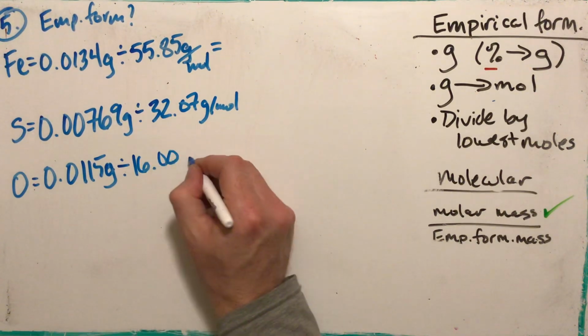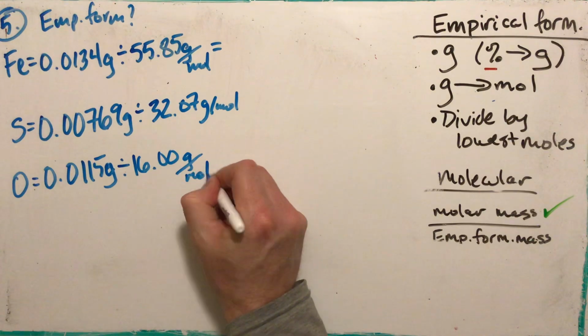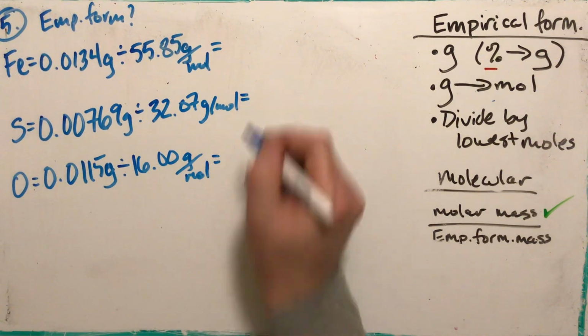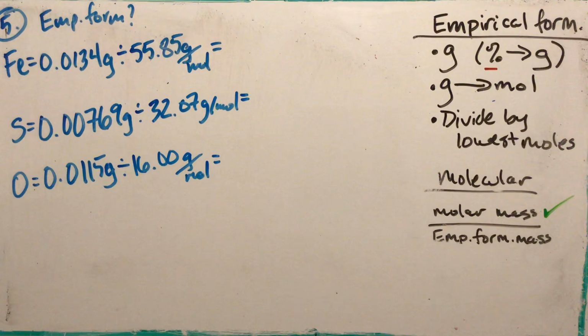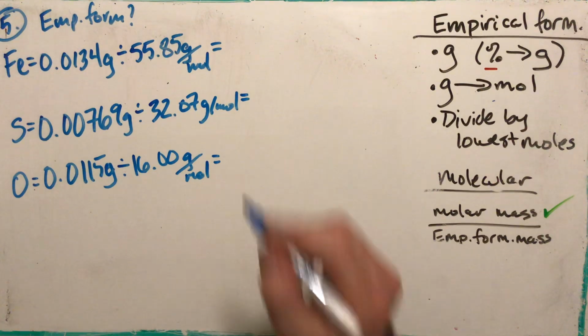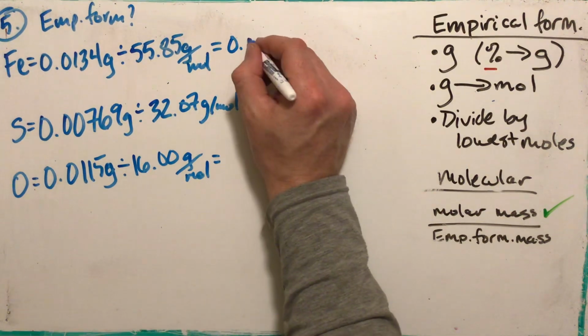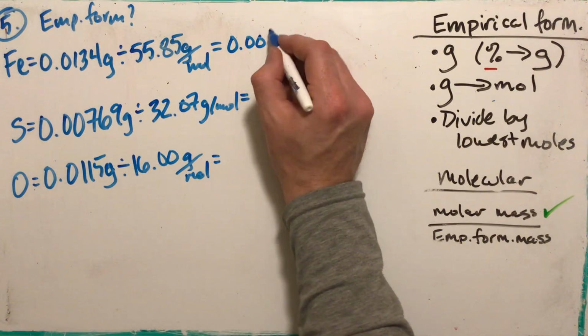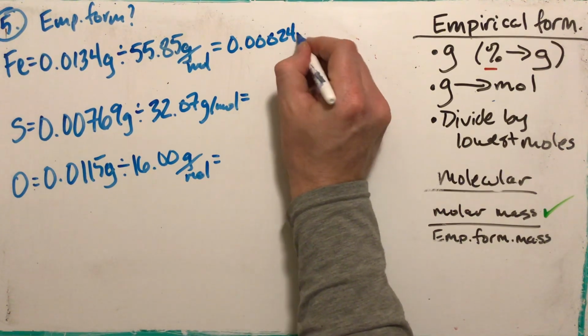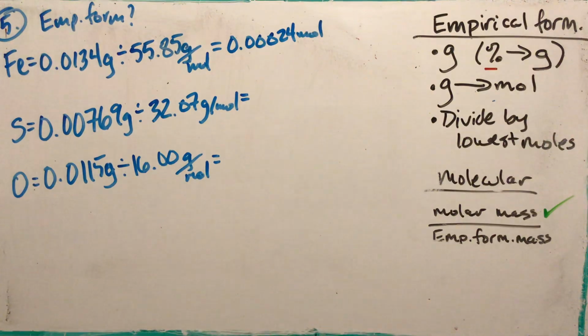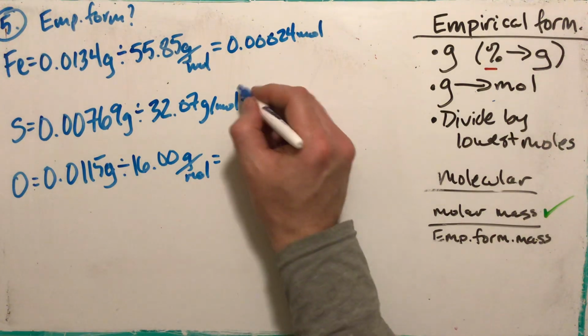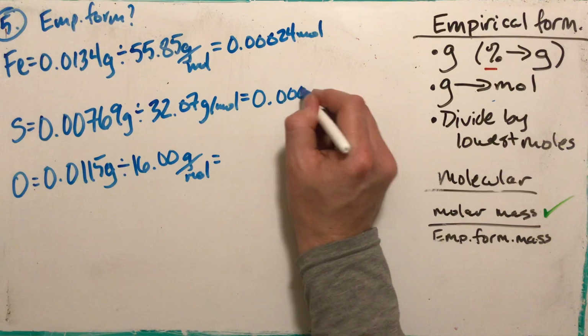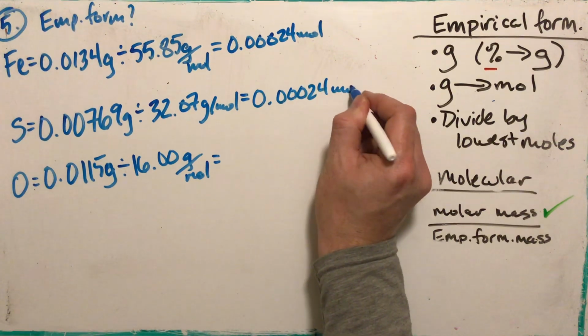I've used oxygen enough now, that's just known. Actually, all these are known to me because it's not my first rodeo in chemistry. Anyway, we go through now. Here's something here where we got to be careful. This is 0.00024 moles. All right. This one also ends up being 0.00024 moles.